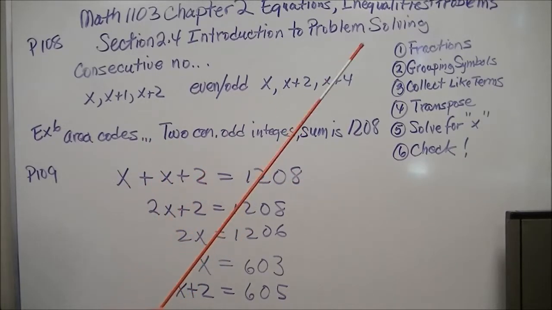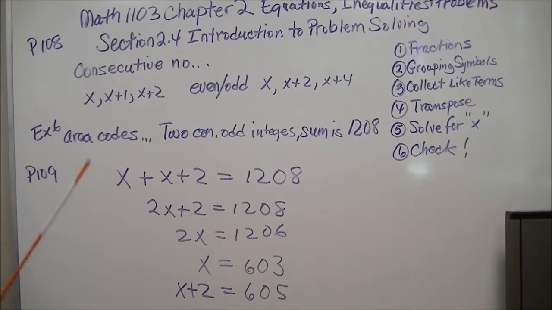So we collect like terms. We transpose the 2 by subtracting it from both sides. We divide by 2, and we get 603. Now, if you say 603 is the answer, that's going to be wrong. 603 is part of the answer.